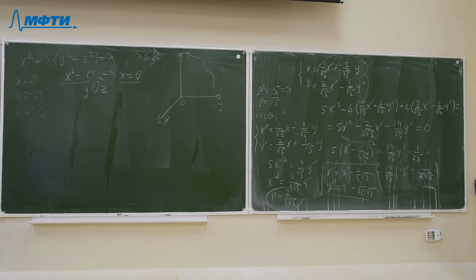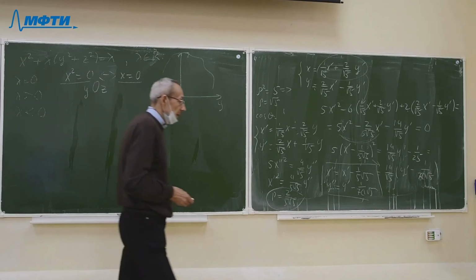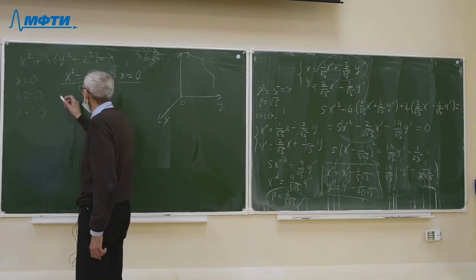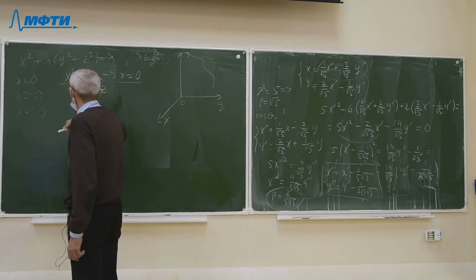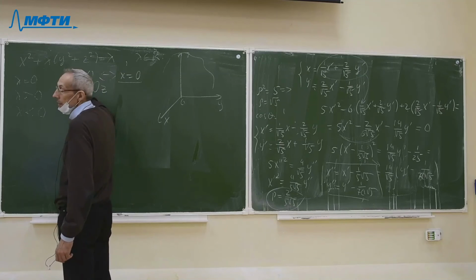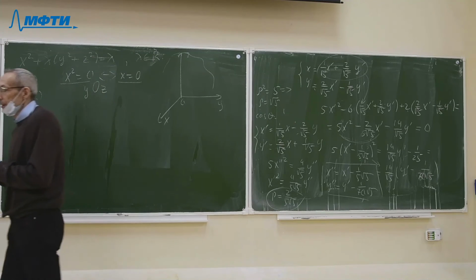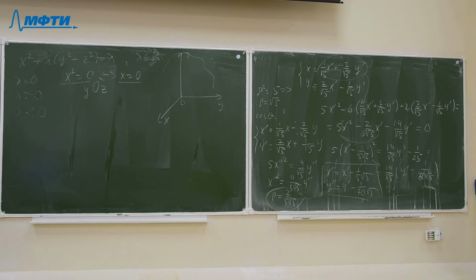We have the same geometrical object, but from the algebraic point of view, we have different objects. In this case, we have a double coordinate plane, two coordinate planes which we identify.